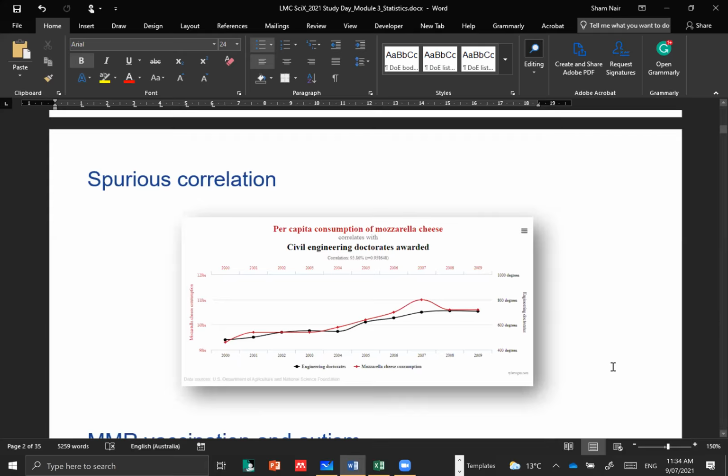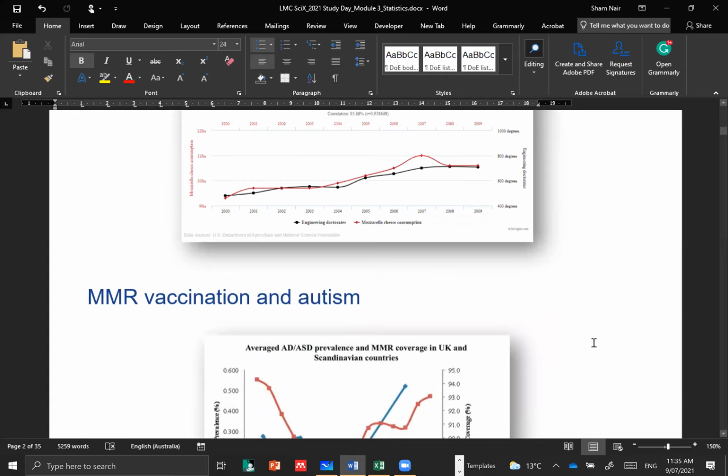Here we have in red the mozzarella cheese consumption data for the US, and the number of doctorates awarded in civil engineering shown as the black line. Now, we all know that this is obviously just a spurious correlation because it just occurs by chance. There's no causation or cause and effect relationship between these two phenomena.